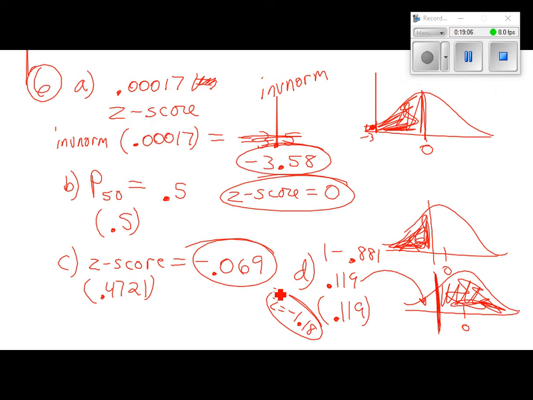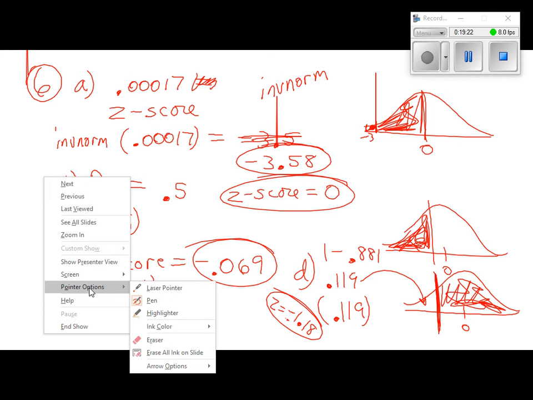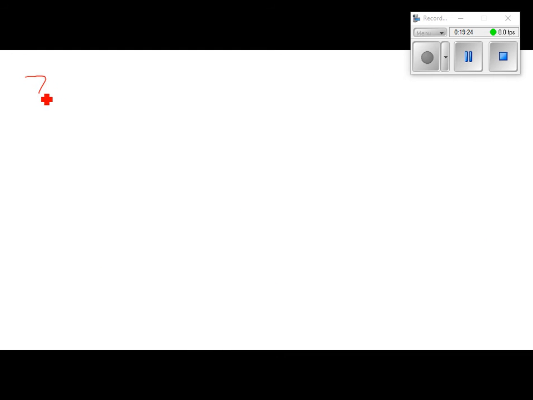Again, those are z-scores. A lot of the times this chapter we figured out how to use the raw scores and we never bothered with changing everything to a z-score. But sometimes you may have to change it to a z-score for whatever reason. Number 7. Oh, I'm sorry, there's an E.